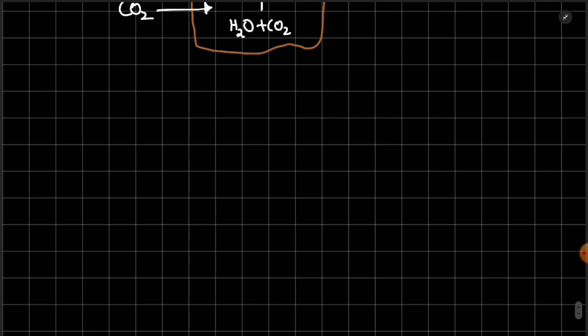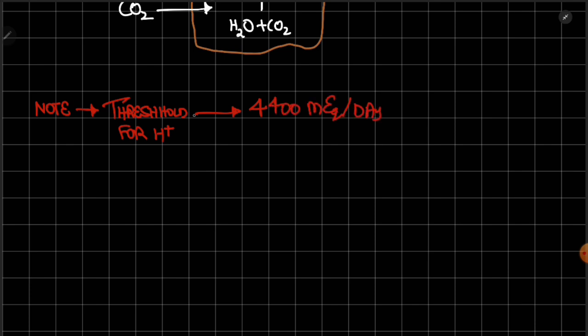So basically, note the threshold for H plus. You should remember two values. The first value is 4400 milliequivalent per day, and the second value is at pH equal to 4.5.